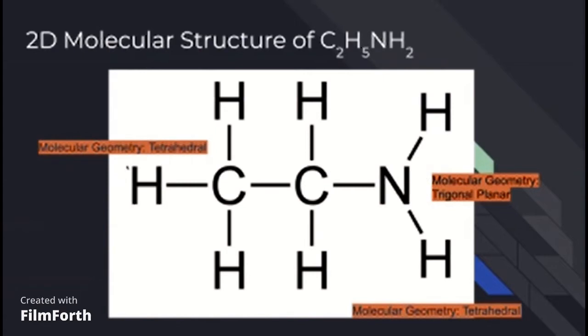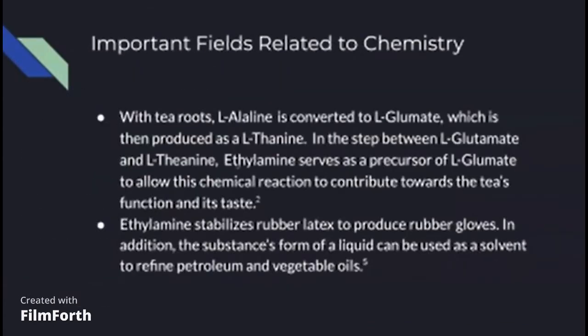Knowing this, you can determine the molecular geometry of each of these structures within ethylamine. The leftmost carbon is tetrahedral because it is attached to 3 hydrogens and the centermost carbon, which makes 1, 2, 3, 4 bonds, and tetrahedral means 4 bonds.